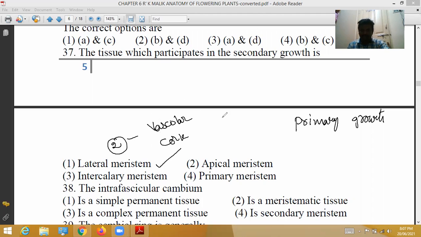So the first option is correct. Apical meristem, intercalary meristem, and primary meristem are wrong options. For the 37th question, the correct option is 1: the tissue which participates in secondary growth is the lateral meristem.